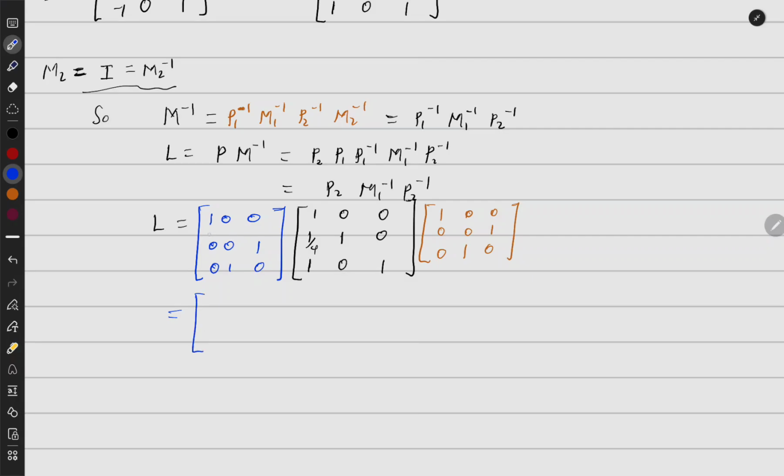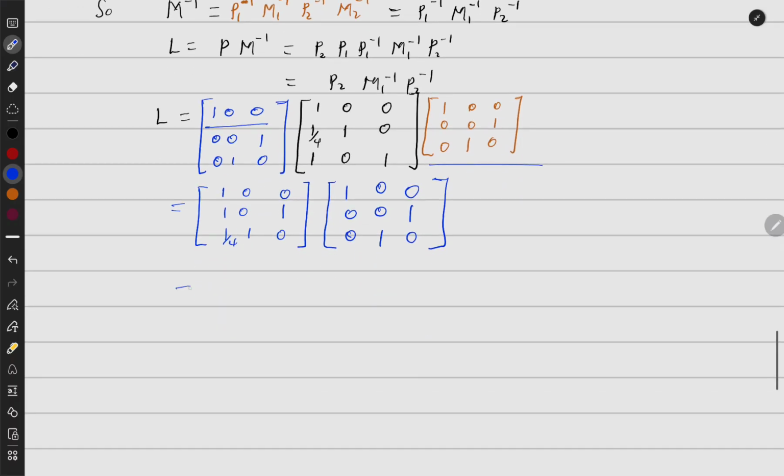so if I try to multiply this, keep the first row the same. Now this is just a permutation, so I'm just interchanging. The third row should come, then the second row, 1, 0. Then with this, then 0, 1, 0.